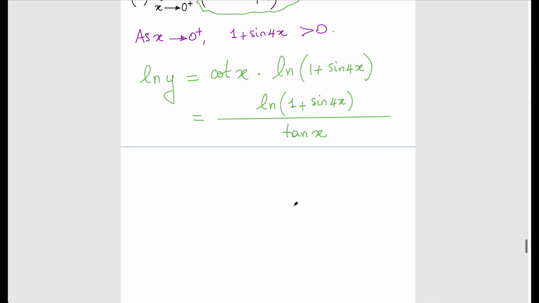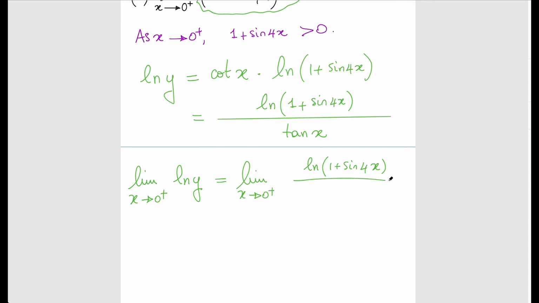And now, what's the limit as x goes to 0 from the right of ln of y? This becomes the limit as x goes to 0 from the right of this entity, because that's ln of y. And that's of the form 0 over 0, right? We set the stage for that to happen.